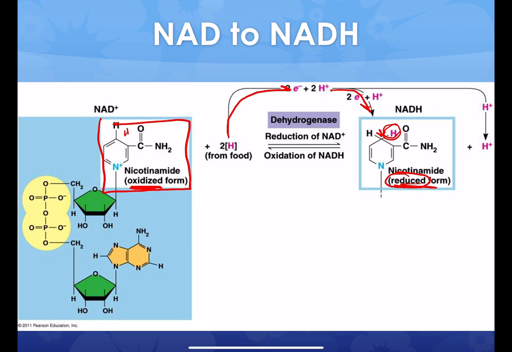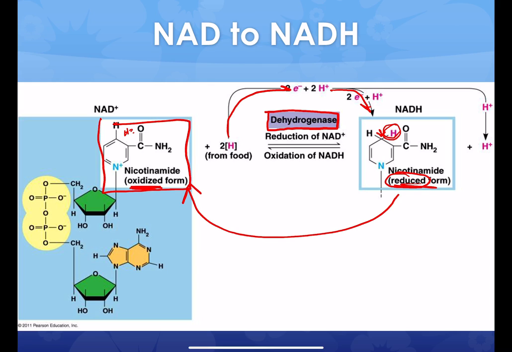You don't see the hydrogen over here in the oxidized form. Everything else is the same except that hydrogen plus those two electrons that you needed to add it there. Okay? So here was our enzyme in the middle, dehydrogenase, that facilitates that process. Okay? Now, this can go back to this form.